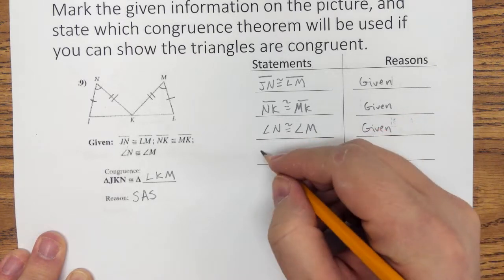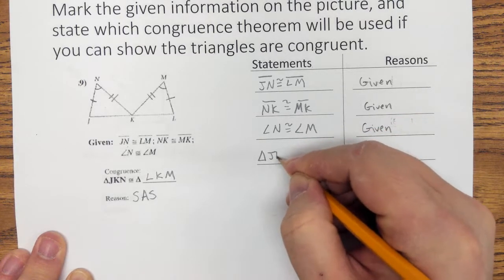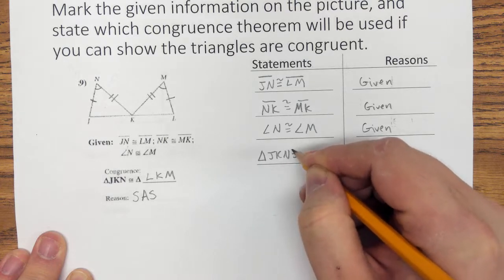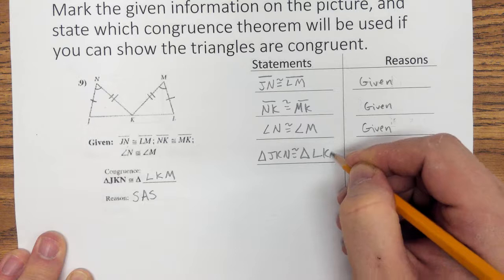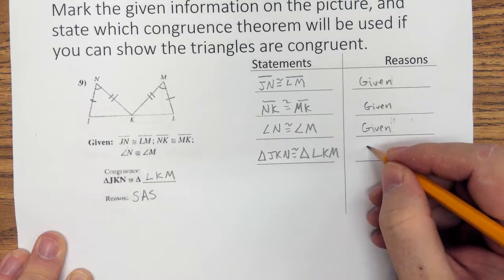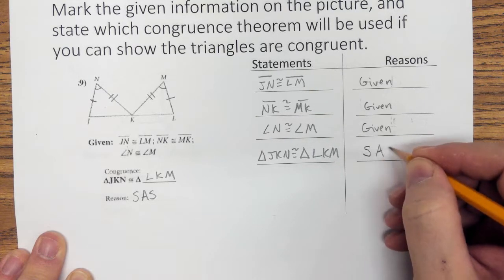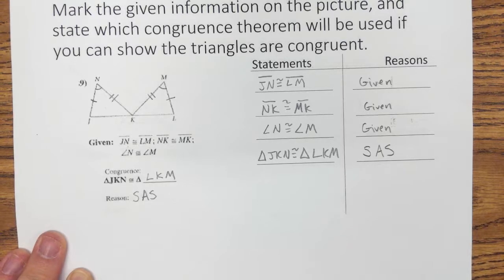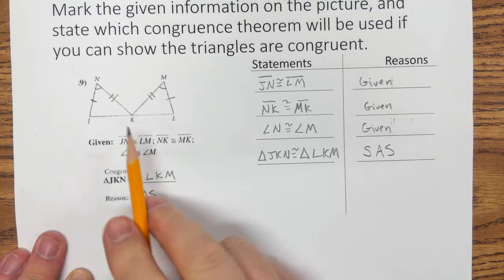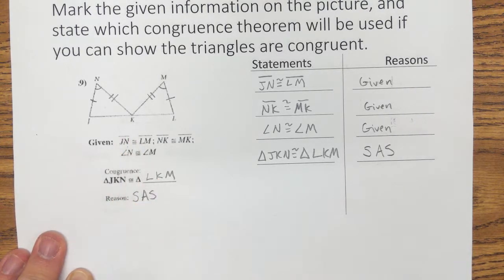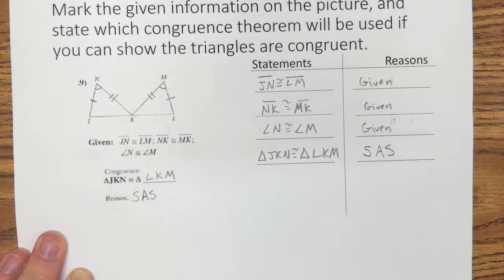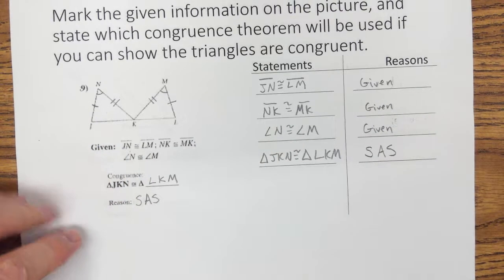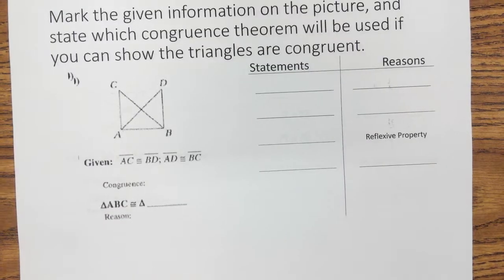Then triangle JKN is congruent to triangle LKM by side, angle, side. These things practically write themselves if you have the picture and you label what you know. Then you're just following where that leads you. Okay, let's look at another one.